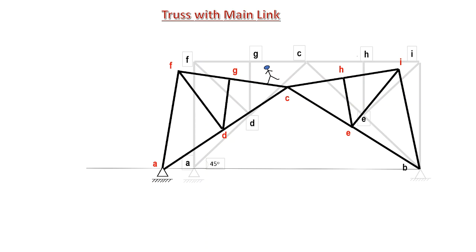Now our truss here needs an extra unknown. Let's consider this unknown to be an internal force, extra internal force. So we really need a link member to join the left part of C with the right part of C in order to avoid this failure.